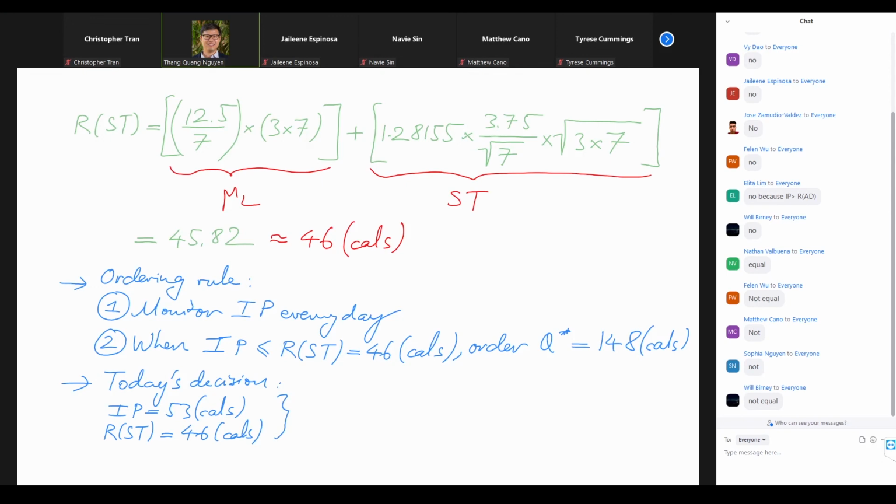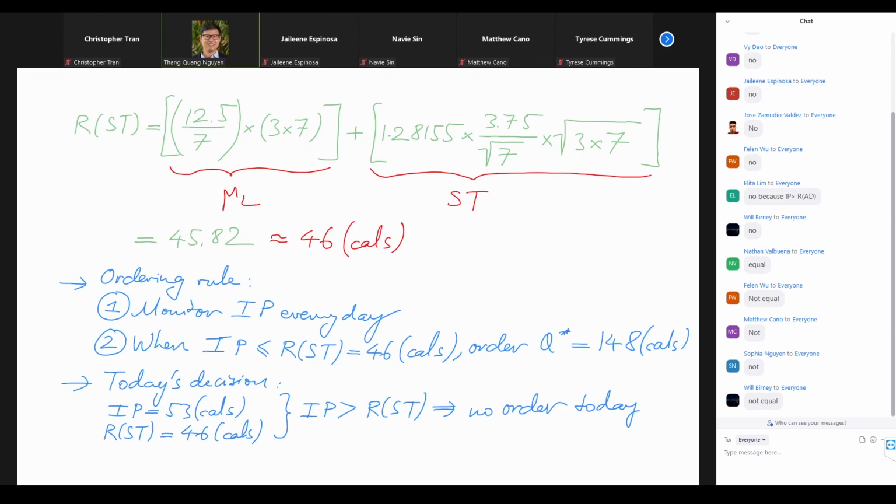So our stock is still more than the threshold. And for that, we do not need to make any order today. Right? Because we still have plenty of stock. 53 is still more than 46.